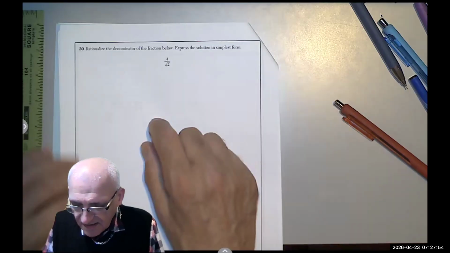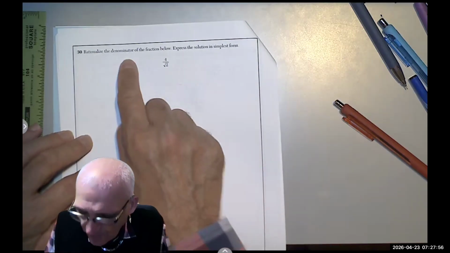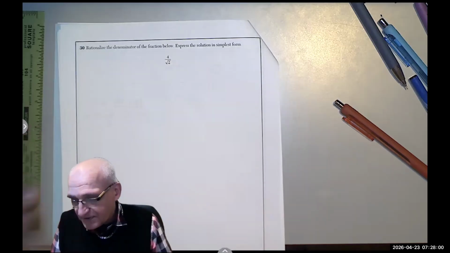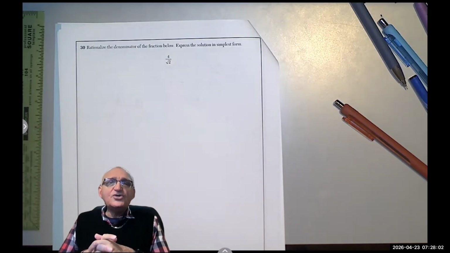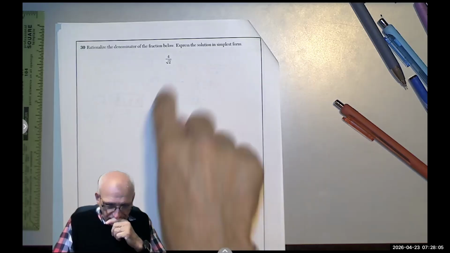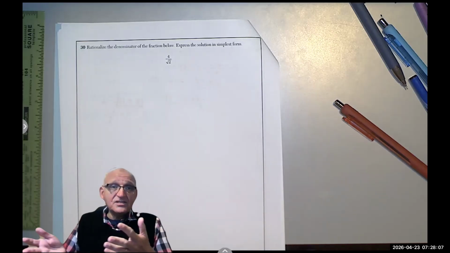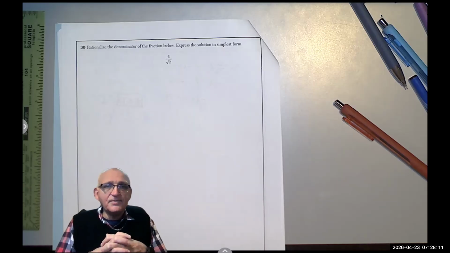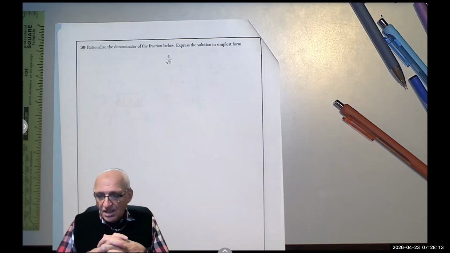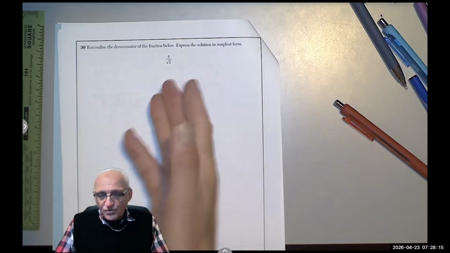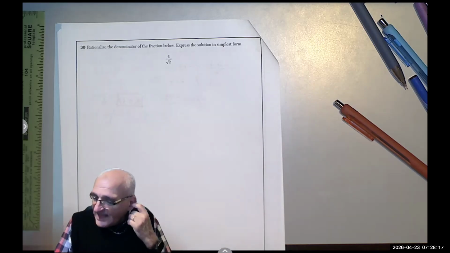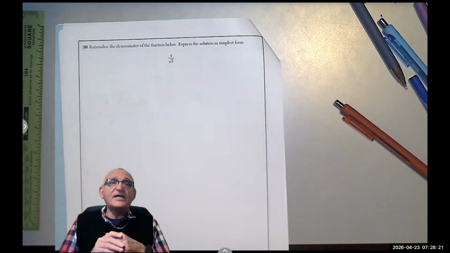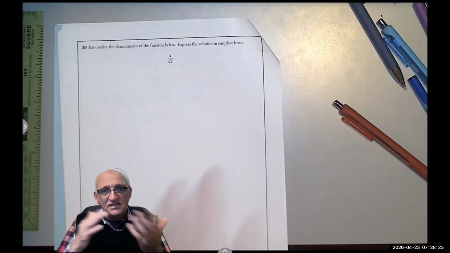And it says, rationalize the denominator of the fraction and express the solution in simplest form. Of course, when you have an irrational number in the denominator, you multiply it by its conjugate. What's the conjugate of root 2? It is root 2. But if that was root 2 plus 3, I would multiply top and bottom by root 2 minus 3. That is the conjugate.